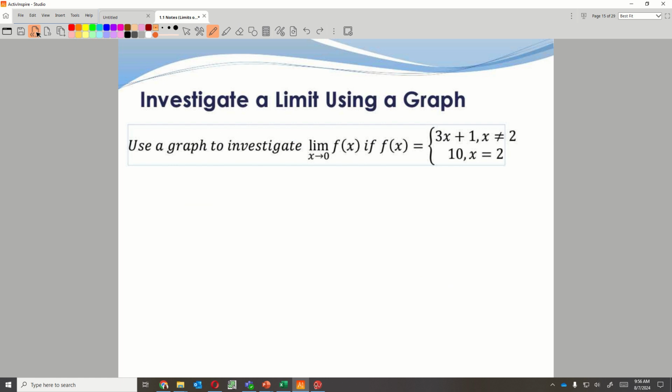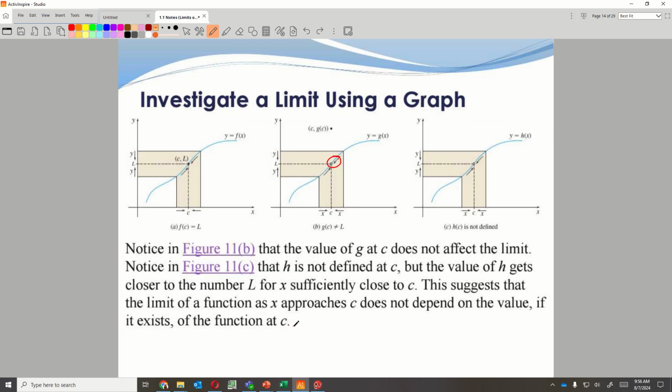That's just like this second function here. It exists way up here. It didn't exist on the line because the line had a hole. But a limit is not saying that; it's saying left side, right side, going to what number? And that was 7.